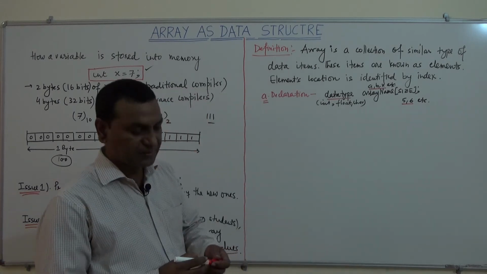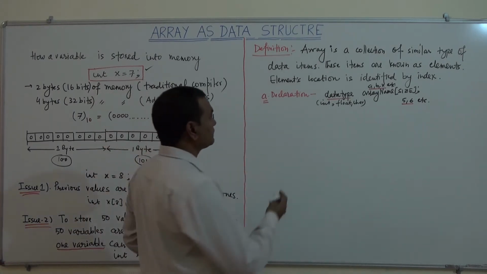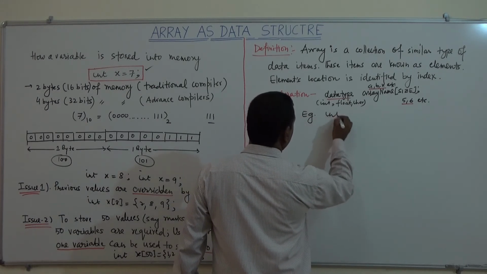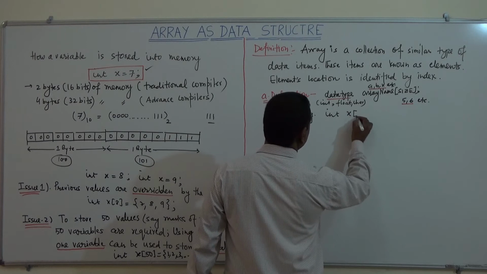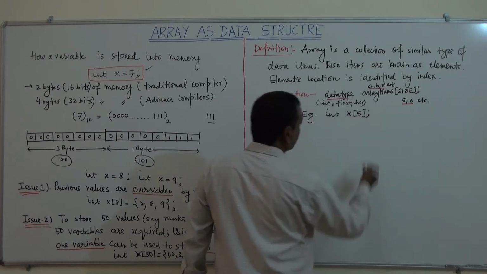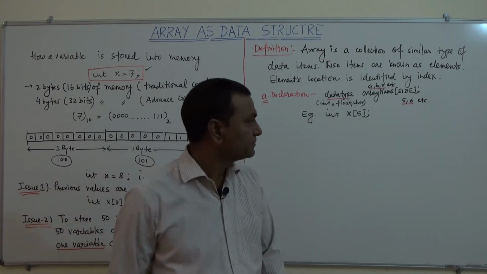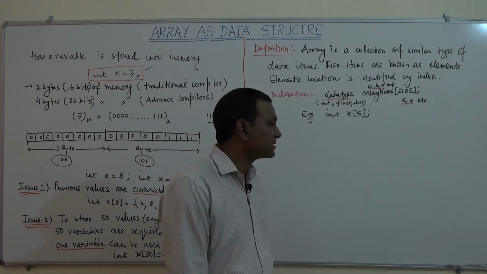For example, int x[5]. So this is the simple declaration. This is integer type.